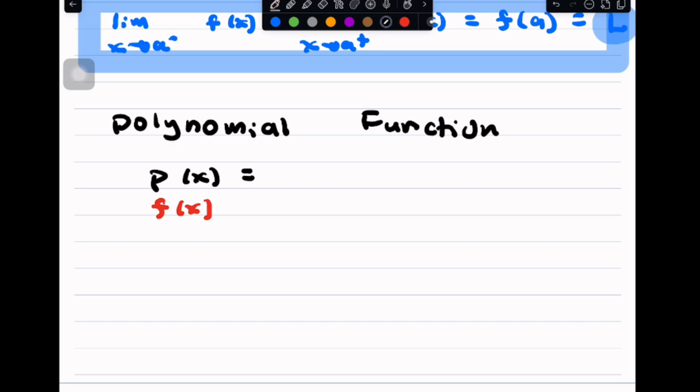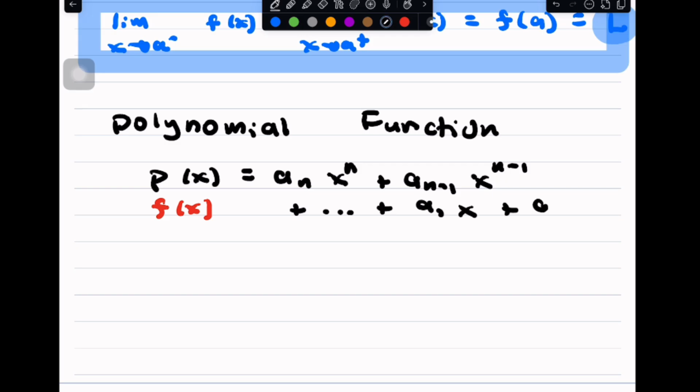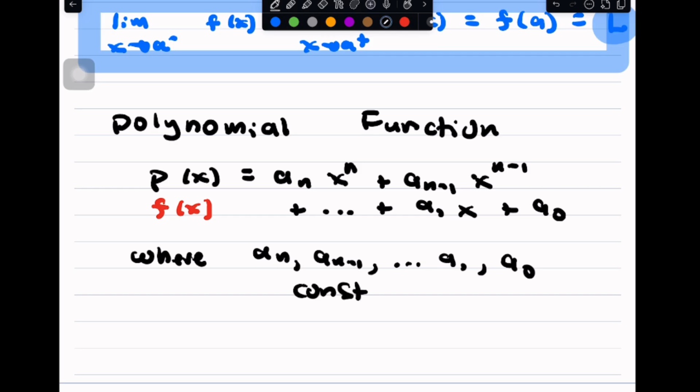Do you guys remember? a_n x to the nth power plus a_(n-1) x to the n minus 1 power plus dot dot dot a_1 x plus a_0, where, what's the story? a_(n-1), a_1, and a_0, these are all what? Constants.